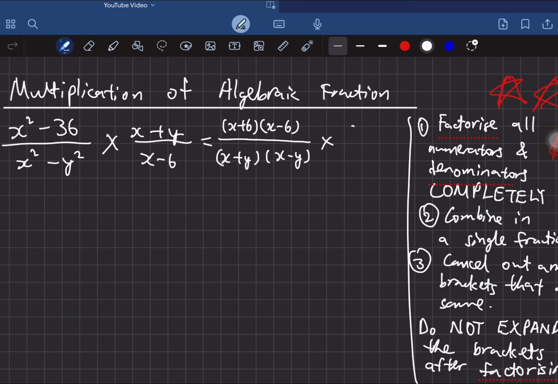And I multiply by x plus 6, x plus y over x minus 6. How come these two I don't need to factorize? Because we can't factorize. So over here, I can choose to cancel out, or I can choose to place them side by side. So I place them in a single fraction, because I don't like to use cancellation.